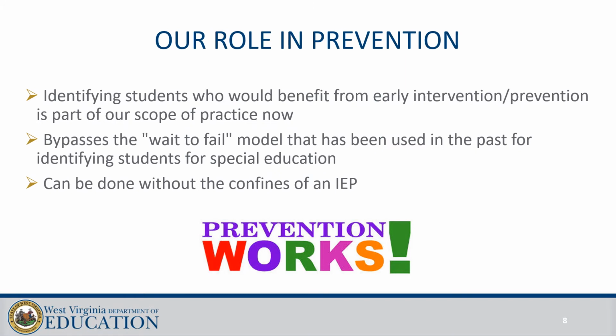We know that prevention works, and it is now part of our scope of practice. We no longer wait for a student to fail before we begin assisting them. And this can be done before they are identified as having a disability requiring an IEP, with all of its mandates and regulations.